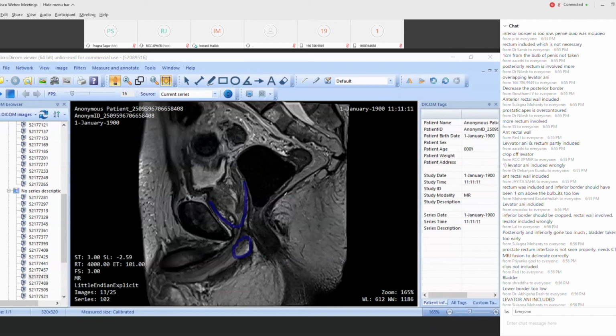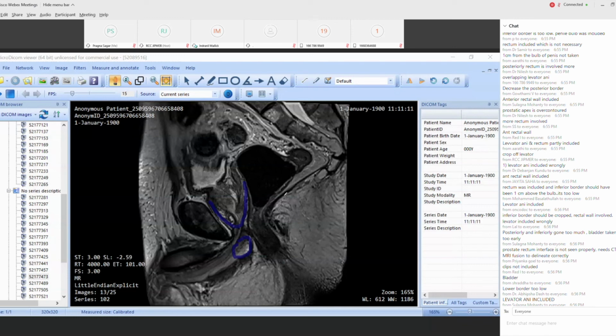Our technologists have pretty good experience in doing that, because we treat a lot of prostate cancer patients, so they are able to identify the prostate and match it. Once you've done that, you are usually safe with a 7mm PTV margin, because intrafraction motion is uncommon. It is not absent, but it is uncommon.